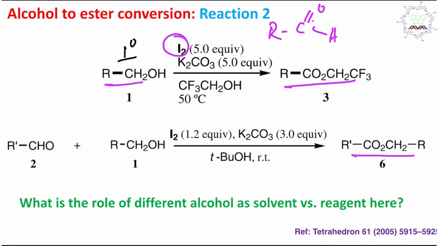Because you need 2 hydrogens attached to this carbon, and only a primary alcohol can fulfill this criterion. Okay, if you do not have this aldehyde, then you can't oxidize a ketone into the corresponding ester that easily. Now, first this aldehyde forms, and second the aldehyde is oxidized to the corresponding carboxylic acid, or you can consider ester.